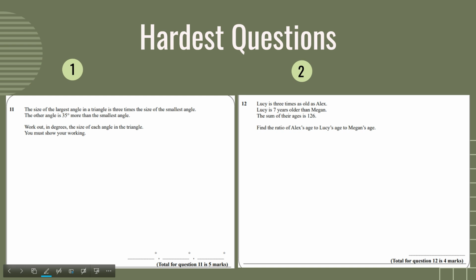As we do not know the direct number of each angle in the triangle, we must work them out. To do this, we give the smallest angle a placeholder value of x. So, if the largest angle is 3 times this, that means the largest angle must equal 3x.